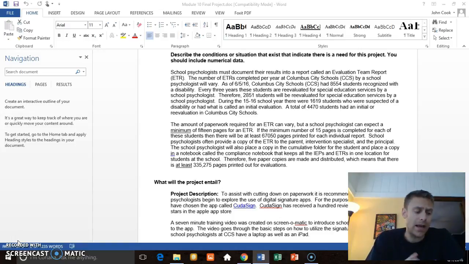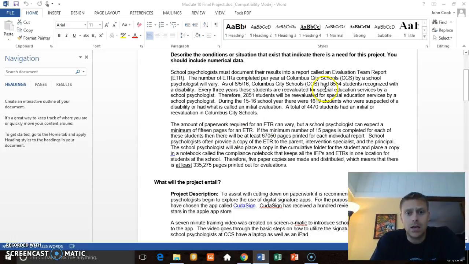So I'm looking at 335,275 pages printed out at a cost of $2,144. What I'm looking to do is increase school psychologist efficiency and lower the amount of paper being used, as well as the costs associated with that.